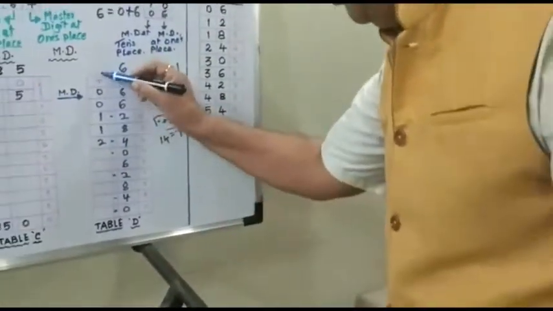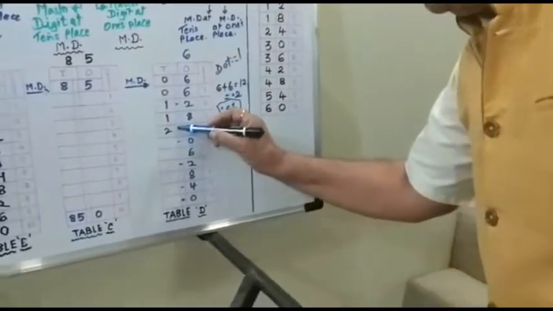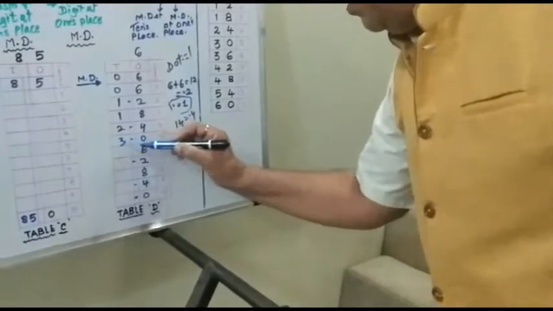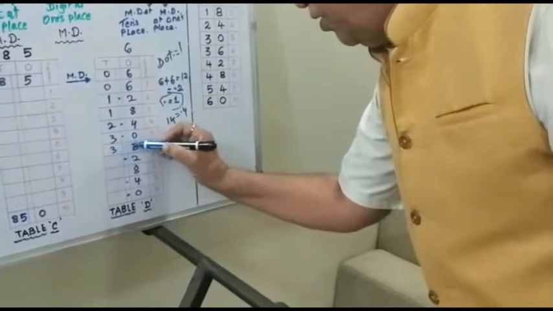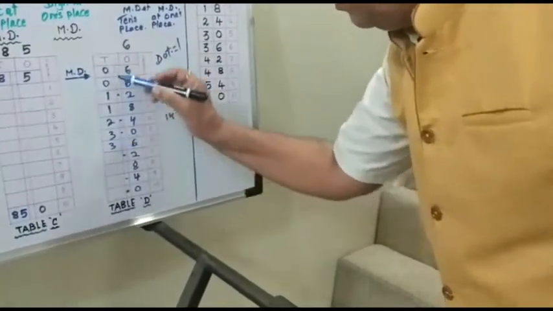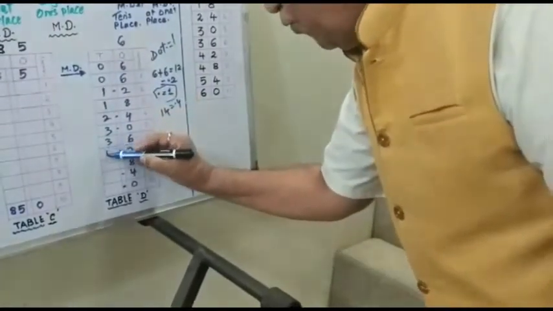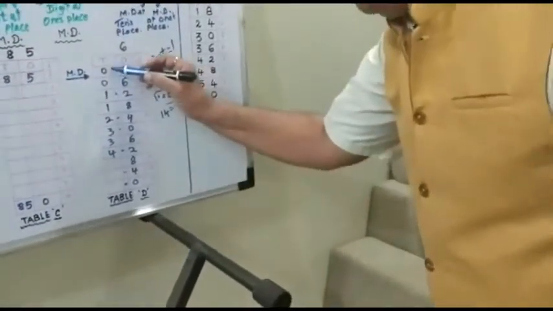Now 2 plus 0 is 2, but again the dot is here. So 2 plus 1, that is 3. Then 3 plus 0 is again 3, because there is no dot. And 3 plus 0 is 3, but again the dot is here. So 3 plus 1, 4. Then 4 plus 0 is 4.